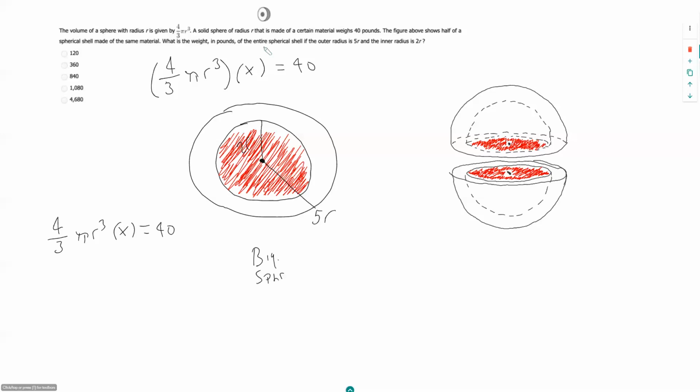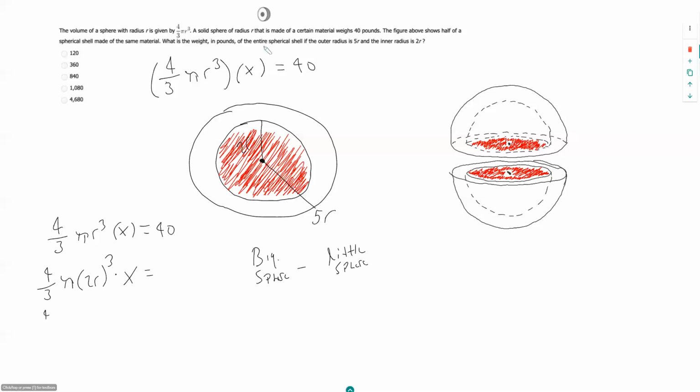Okay, so we can think of this as big sphere minus little sphere pounds. So big sphere pounds minus little sphere pounds. Let's start with our little sphere, because we'll build our way up to the outer sphere. For our little sphere, what is our volume going to be? It's going to be 4/3 pi times 2r, because that's our radius, cubed. And then this will also be times x to get our weight.